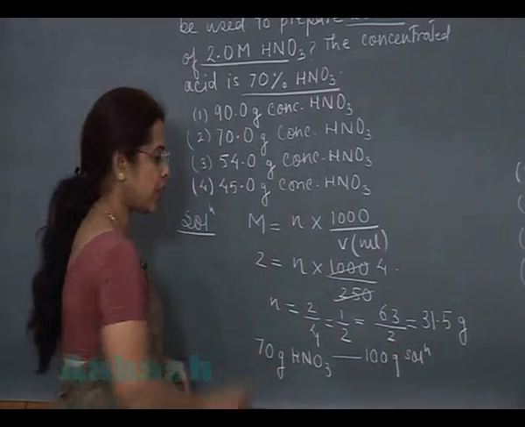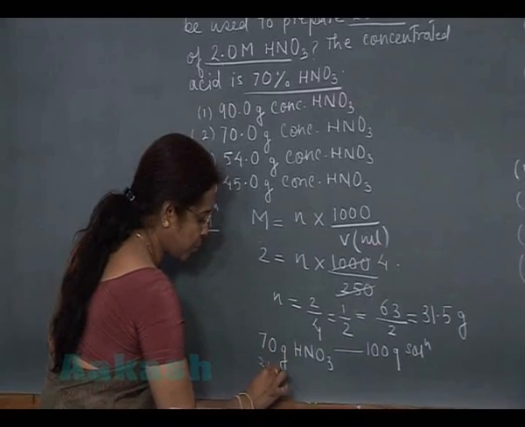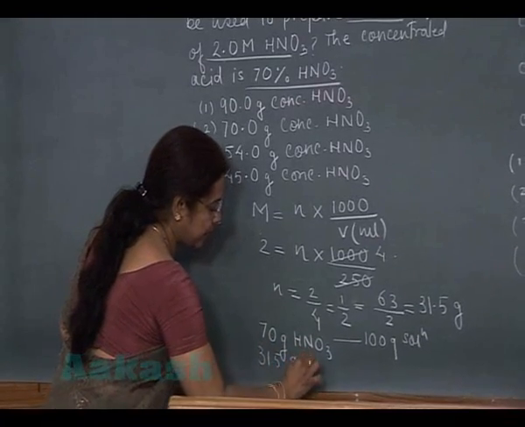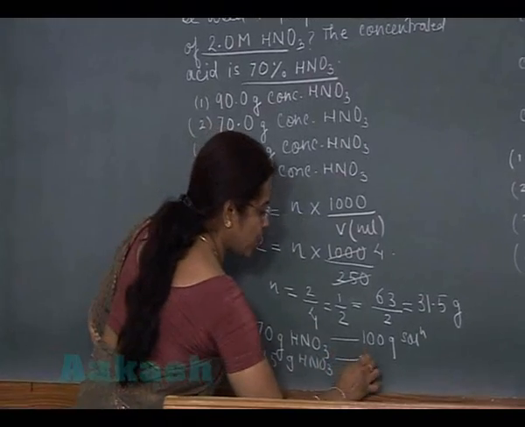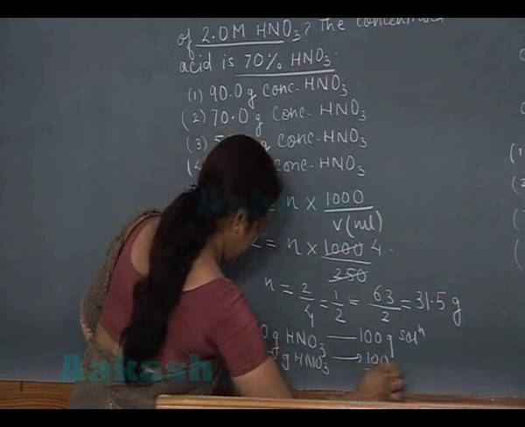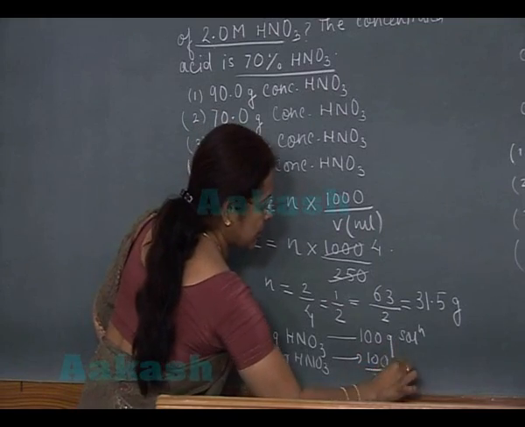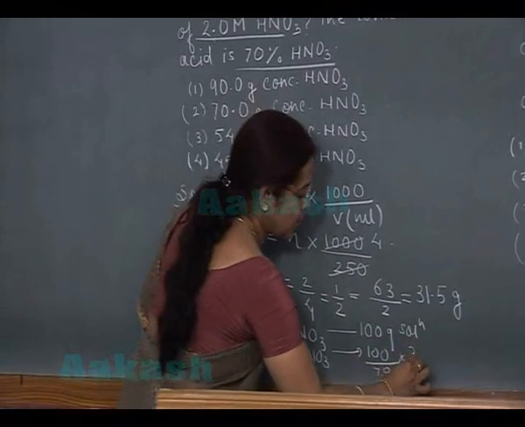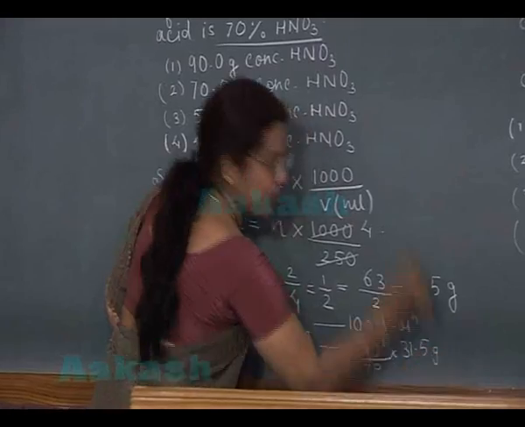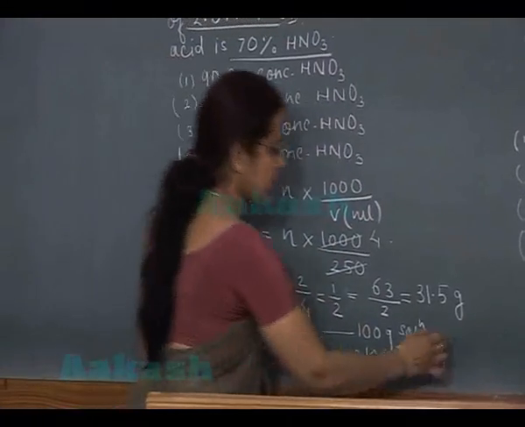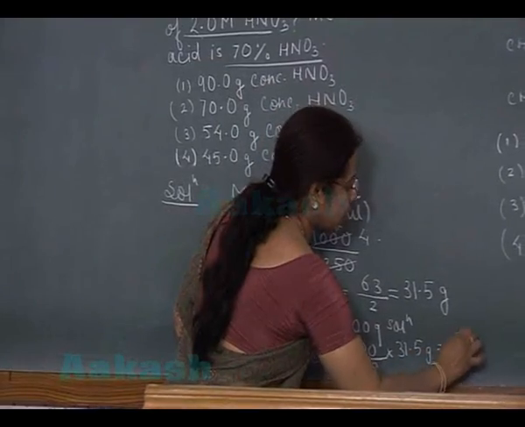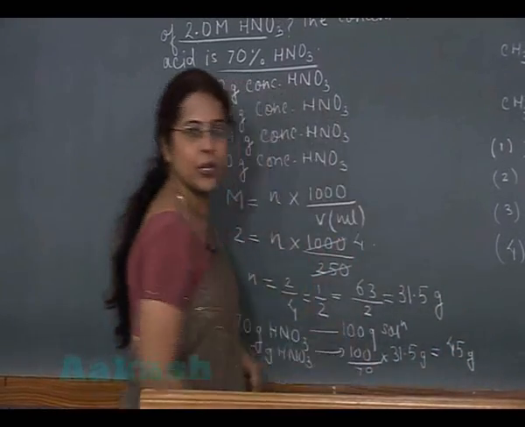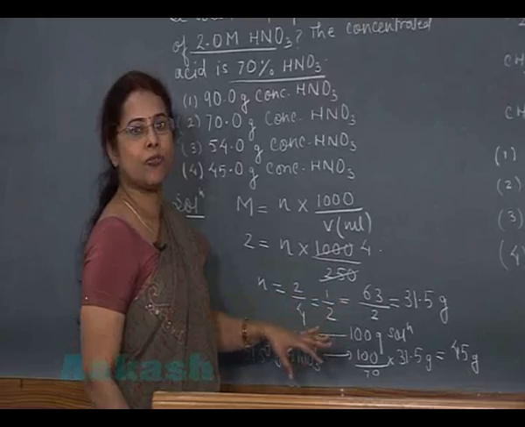Here the mass required is 31.5 gram. So mass of solution required will be 100 by 70 into 31.5 gram. And if you solve this, the answer is coming 45 gram.